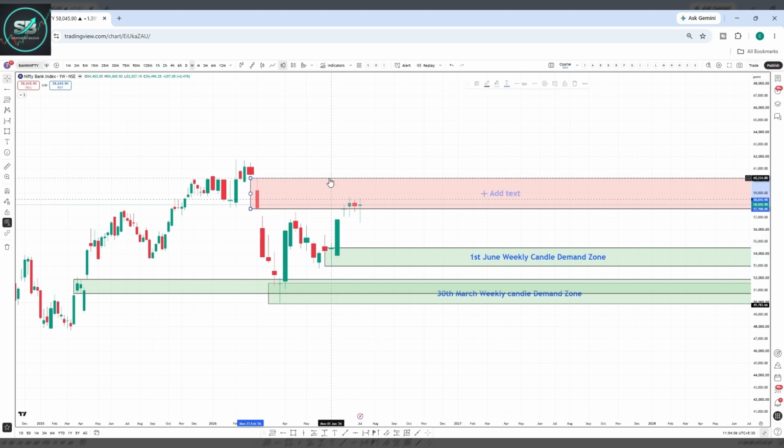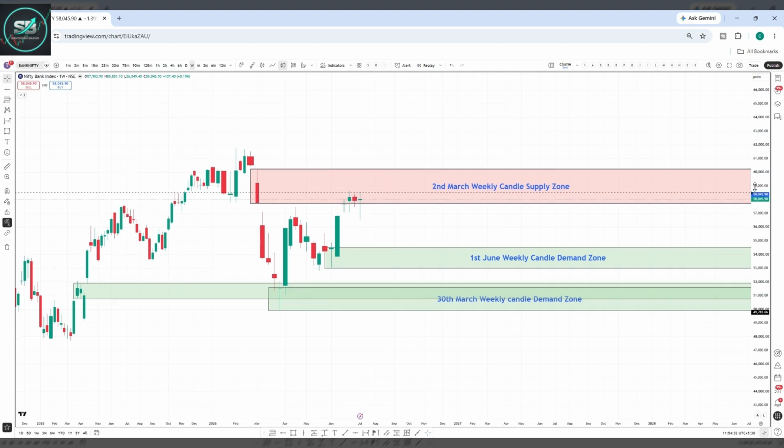And here we have a supply zone, which is the 2nd March 2026 weekly candle. So now in Bank Nifty also, we have weekly demand zones and supply zones.